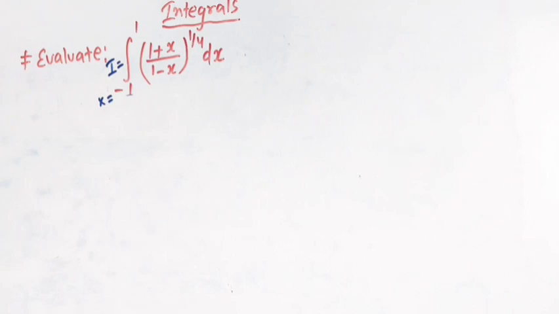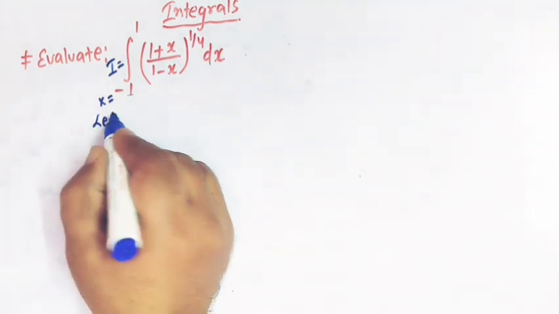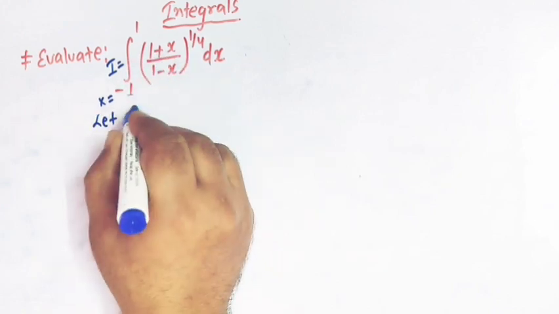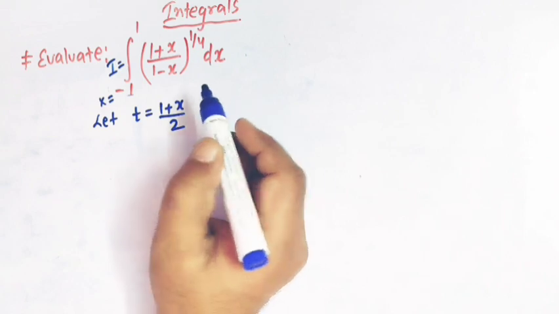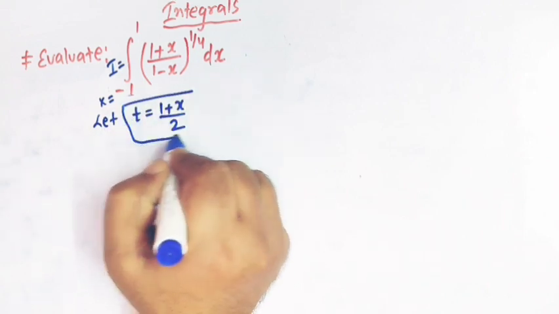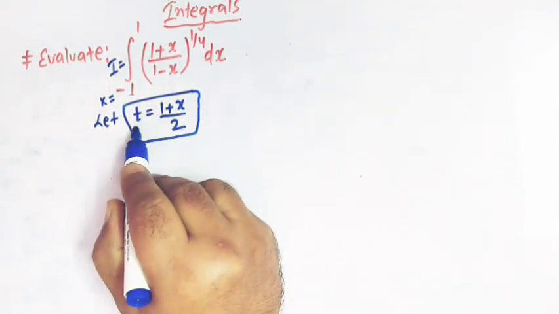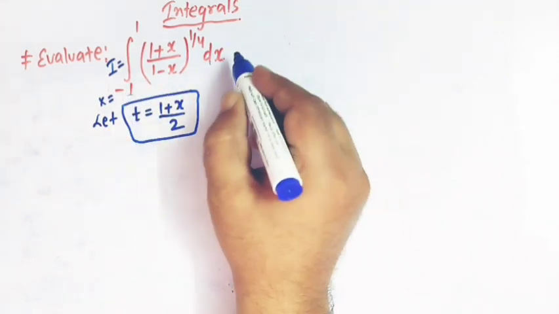Here we'll make an important substitution: t is equal to (1 plus x) over 2. We are making this substitution, t equals (1 plus x) over 2, and let us change the limits accordingly.